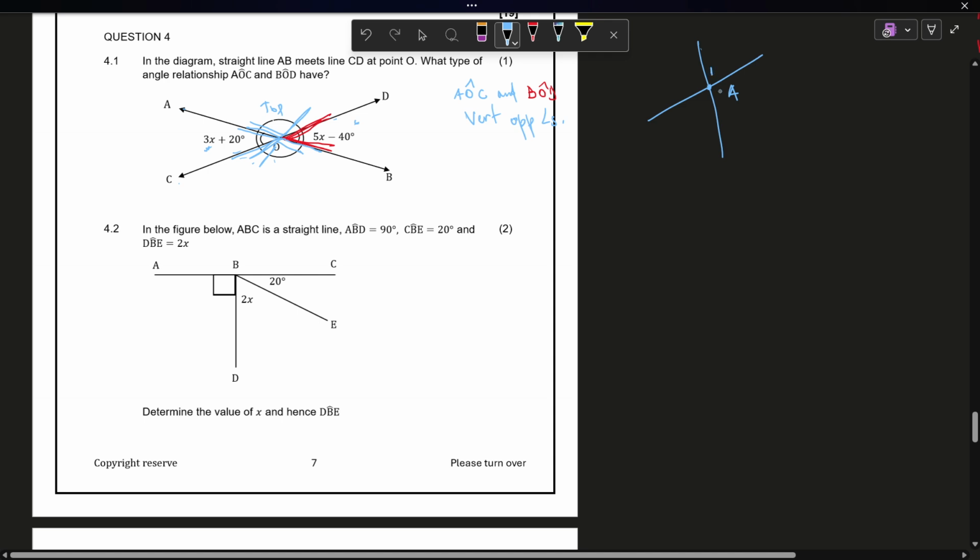If this point is point A, we can divide this space using numbers. So you've got space 1, 2, 3, 4. All of a sudden we've got 4 angles. In this case, angle A1, which is this one, will be equal to angle A3, this one here. Why? Because they are vertically opposite angles, right?